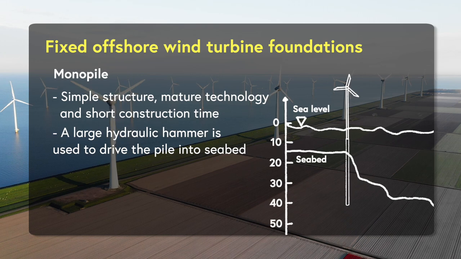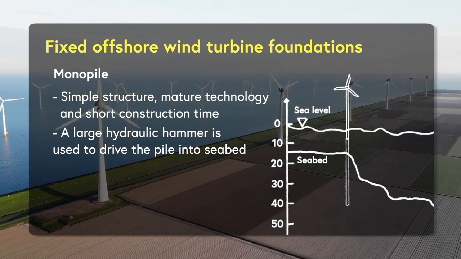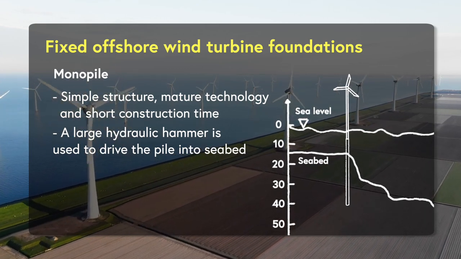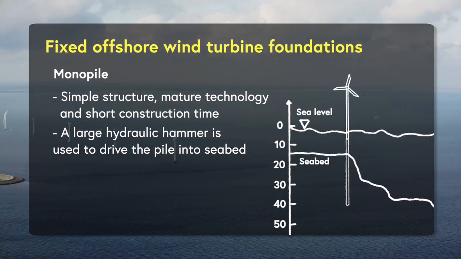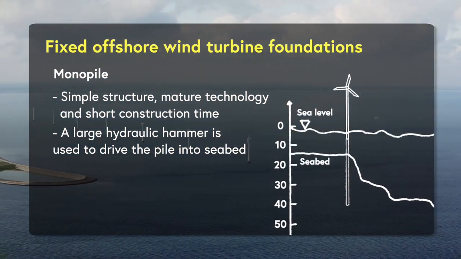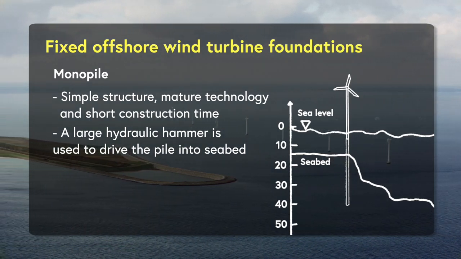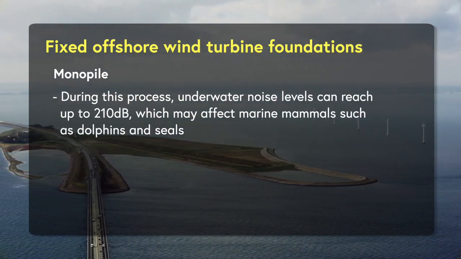So from an engineering point of view, it requires a lot of manpower. It will require very special equipment to perform this installation. And also it will cause a lot of problems. For example, in the offshore foundation installation, usually we are just using hammers, which means every time we use hammer to drive this pile, it will generate very big noise in the surrounding area, and also the vibration.